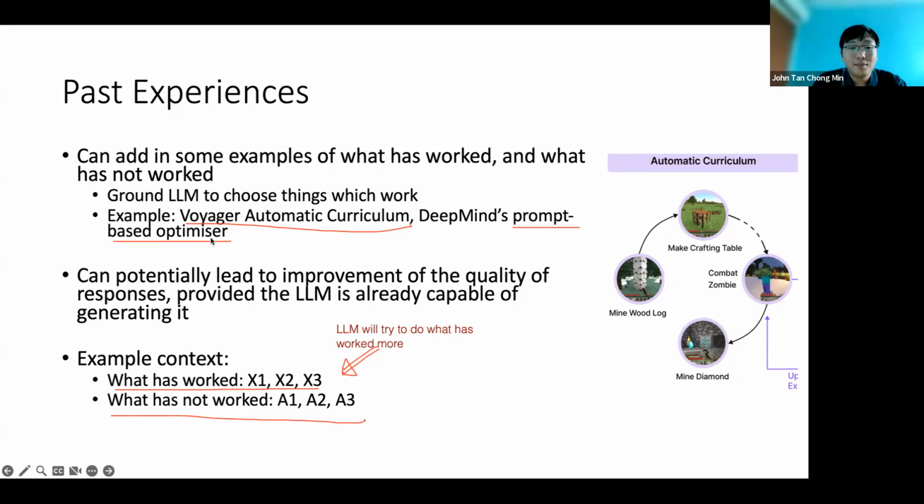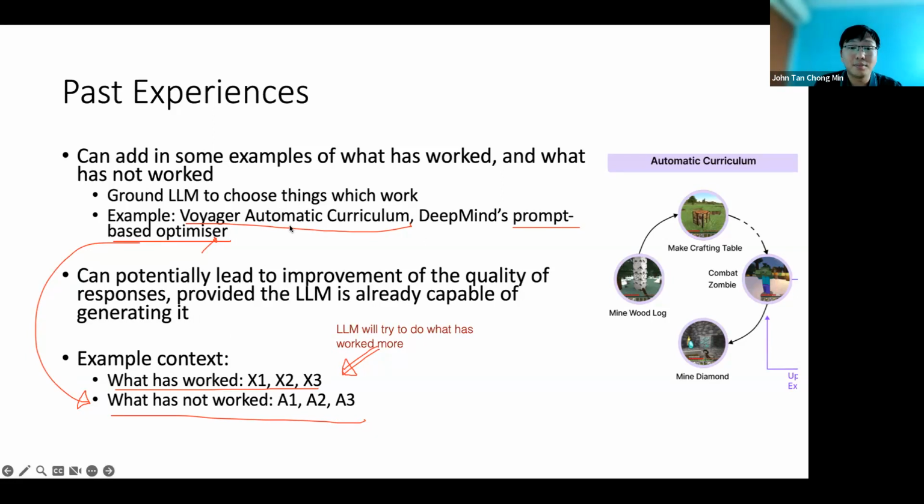But this optimizer is sort of something like what has worked, what has not worked. That's why the prompt is take a deep breath and think step by step, because they actually gave think step by step as one of the things that has worked. So this is something that can be done using past experiences to try to improve the model.